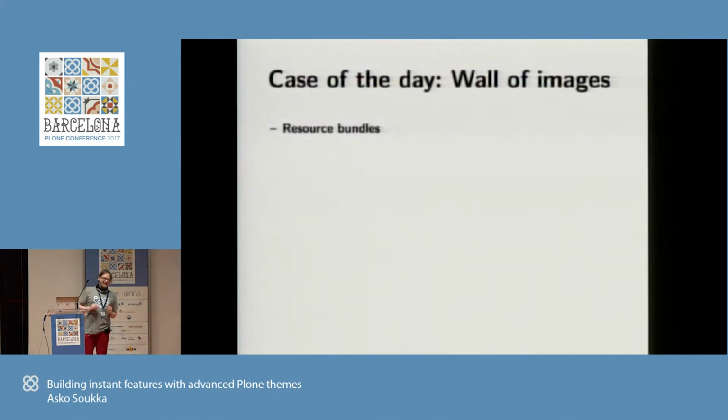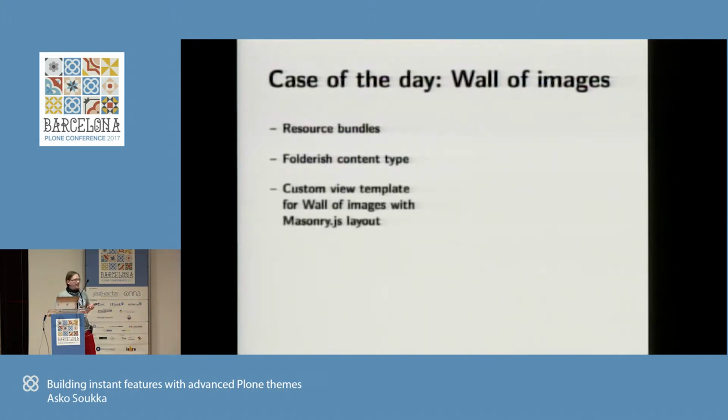So in Plone, I can easily see it's laying out different content types also. Then we had the folder content type, wall of images, with accepted images, and then our custom content type later. And then we had our custom view template that rendered all those images with something enough for Masonry.js to make that layout, activate the layout.